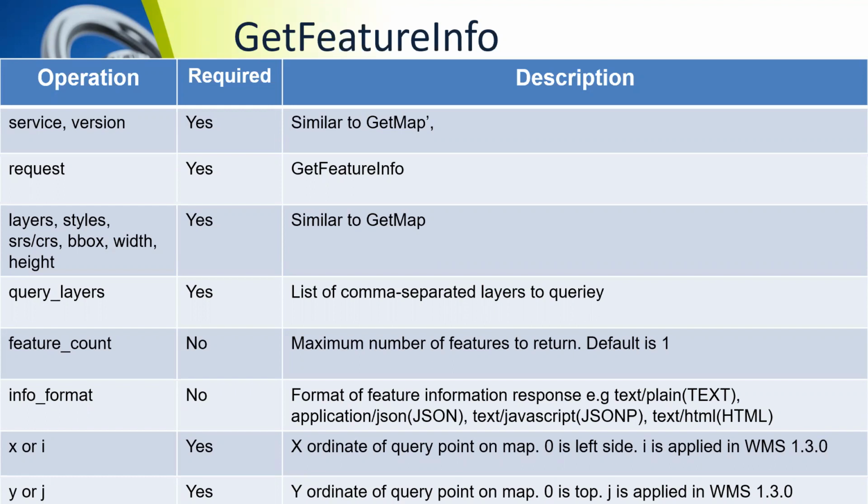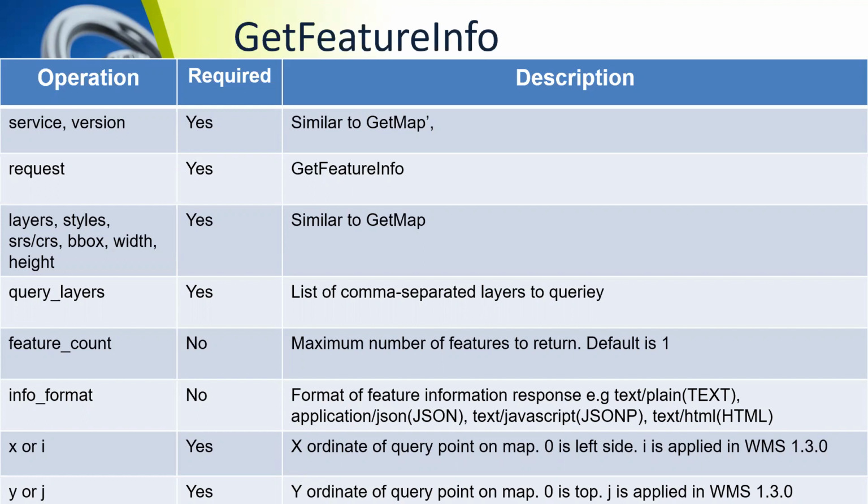I think version 1.0 up to 1.0.3. Then we have the request. The request type is GetFeatureInfo, and it is mandatory. Then we have the layers, styles, SRS, or the coordinate system, the BBOX standing for the bounding box, width, and height. All these are mandatory, and they are somewhat similar to GetMap.